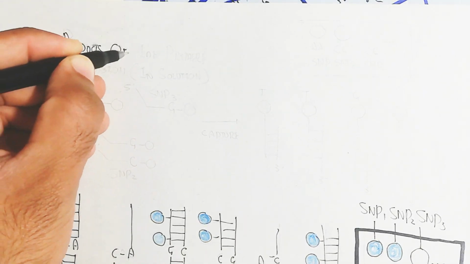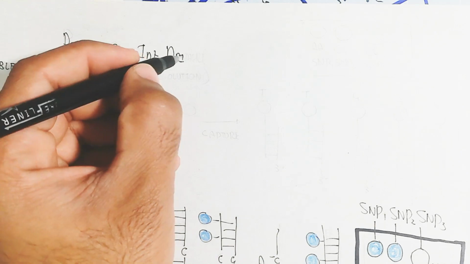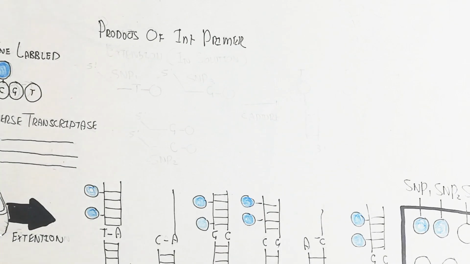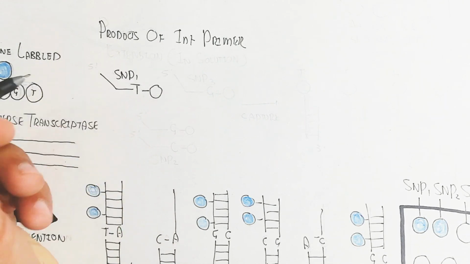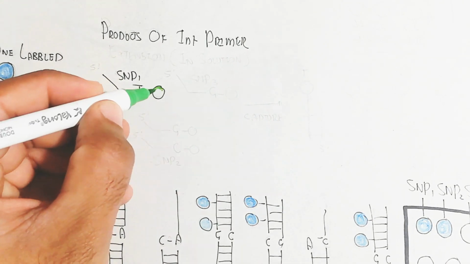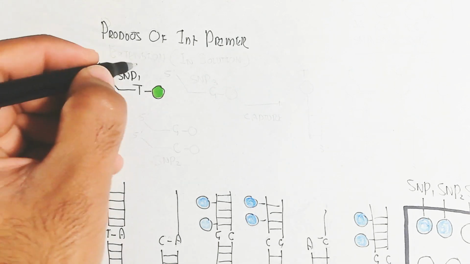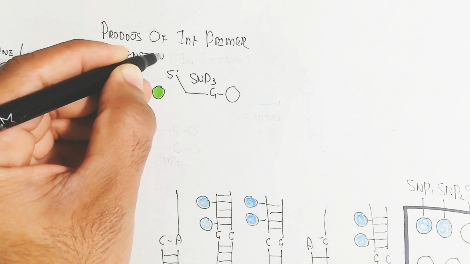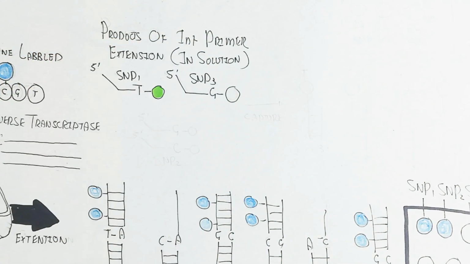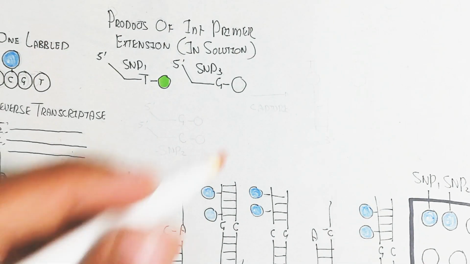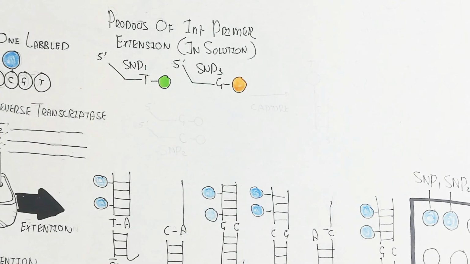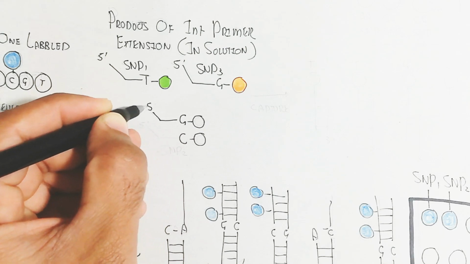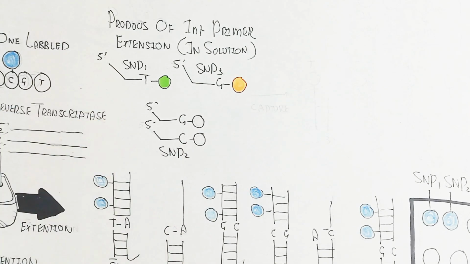These are the different types of genotyping on the basis of nucleotide variation. The product from the first primer extension is in solution. SNP1 genotyping is green, SNP3 genotyping is orange, SNP2 is the mix.